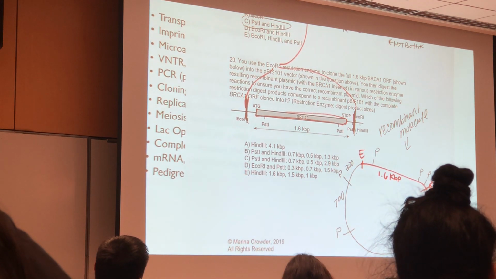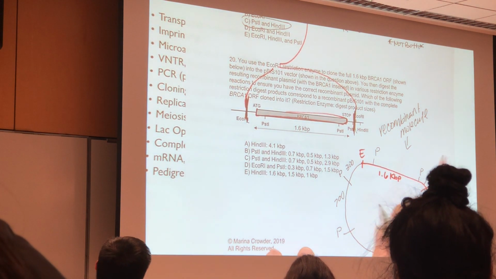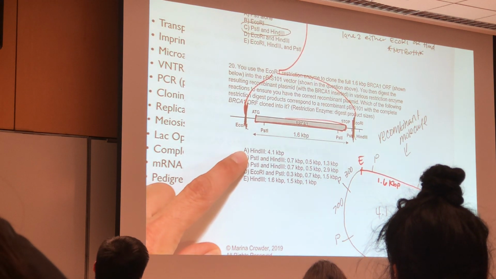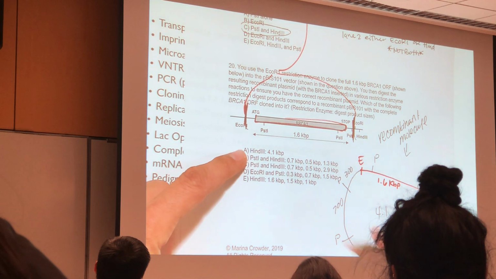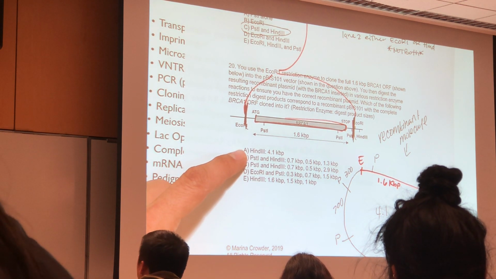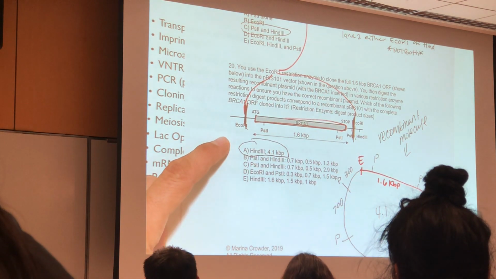How big is this plasmid total of 2.5 plus 1.6? 4.1. HindIII. If we cut it with HindIII, how many times is it going to cut this? Once. How long is that linear piece of DNA going to be? 4.1. Oh, this is a solid possibility.